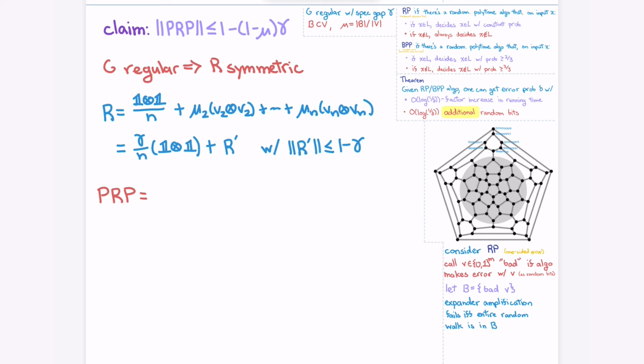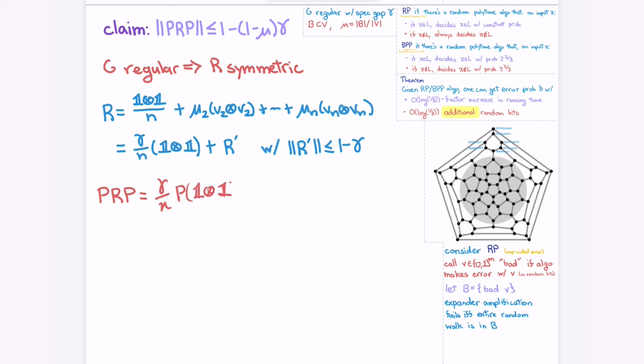So we have P, gamma over N, P 1 1 transpose P, plus P R prime P.